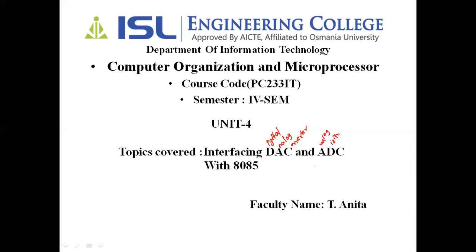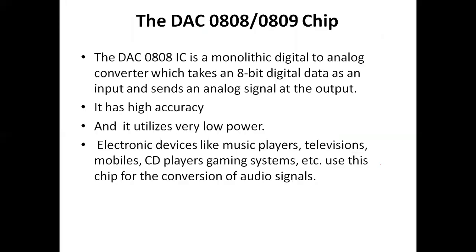And here we also implement the 8255 circuitry, that is the programmable peripheral interface, which acts as an IC used to simplify the interfacing of microprocessors and microcontrollers with IO devices. So that is the purpose of this 8255. How the circuitry will be and what are the features of ADC, analog to digital, digital to analog, everything we'll see in today's class.